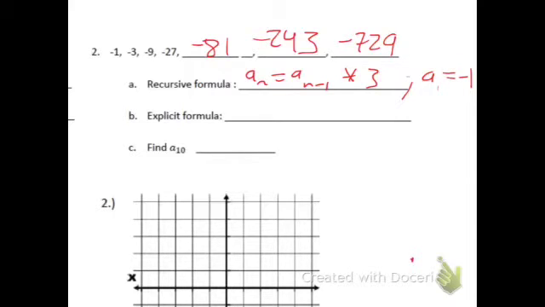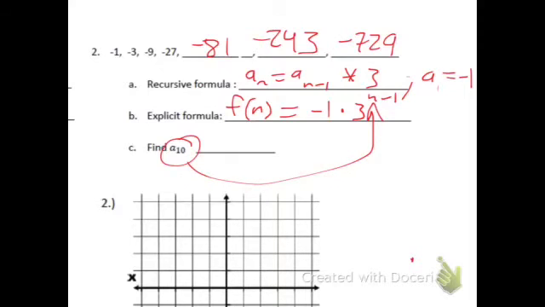Okay, when you write your explicit formula, remember, this one's geometric. So make sure you do the geometric form, which has your initial value in front, and then what you multiply by every time to the n minus 1 power. So initial value, common ratio with the n minus 1 power. Now that you got that, you're going to plug in 10 for the n right there and calculate. So you're going to get negative 1 times 3 to the 10 minus 1 power.